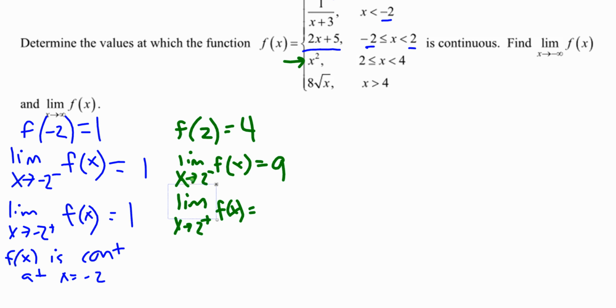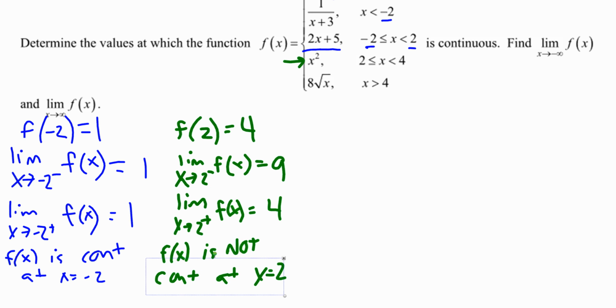This time we're going to look at the x squared. That's 4. F of x is not continuous there. Okay, let's try f of 4. F of 4 does not exist. So the function f of x is not continuous there.